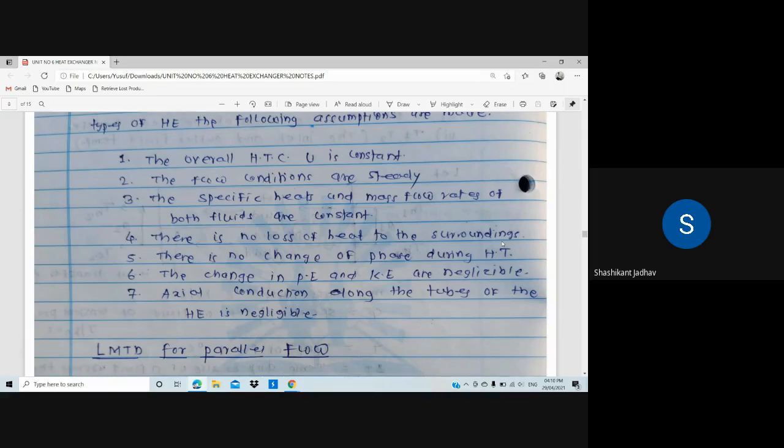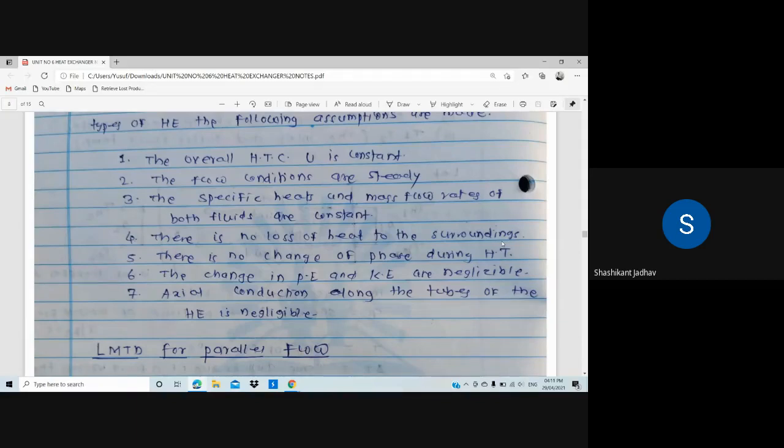Fourth assumption: there is no loss of heat to the surroundings.